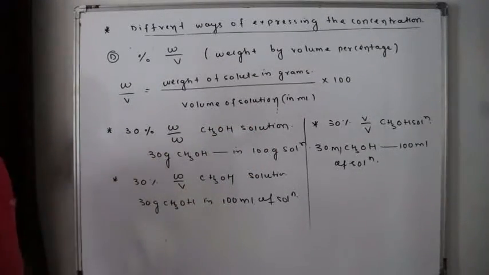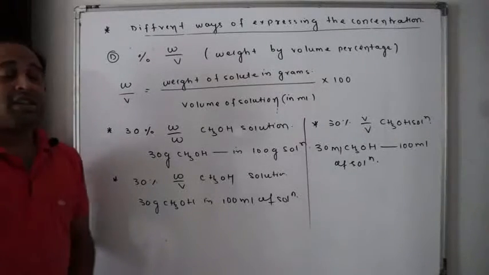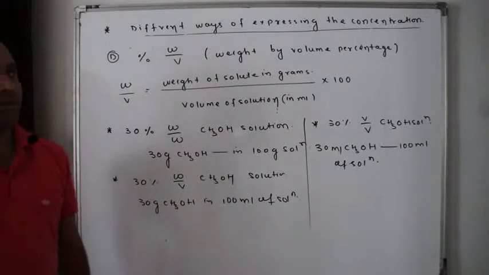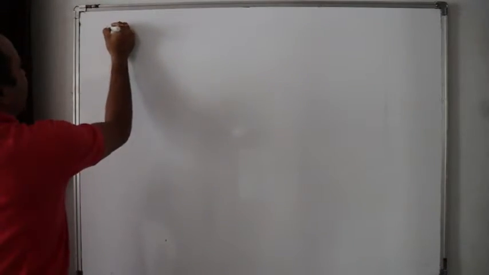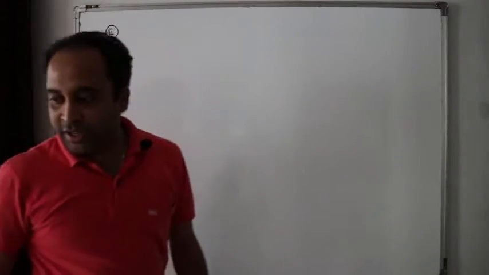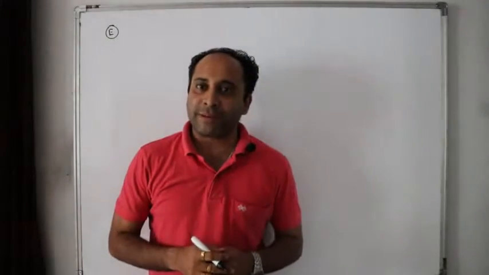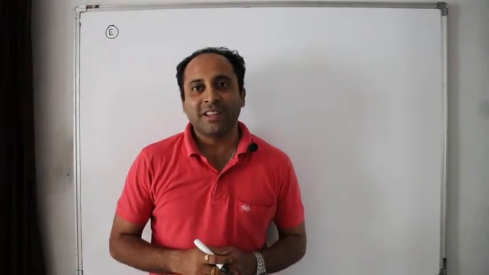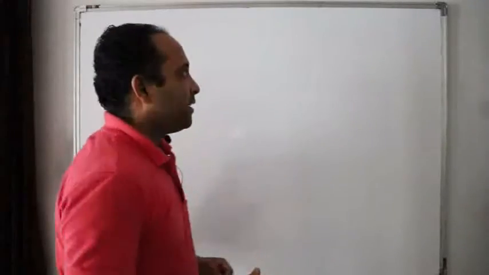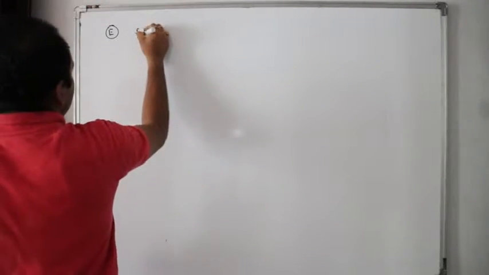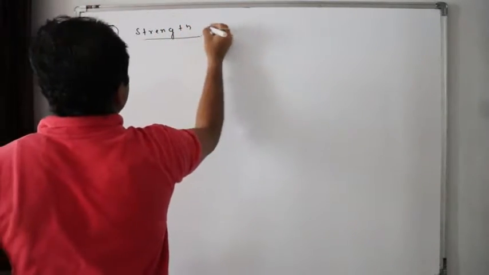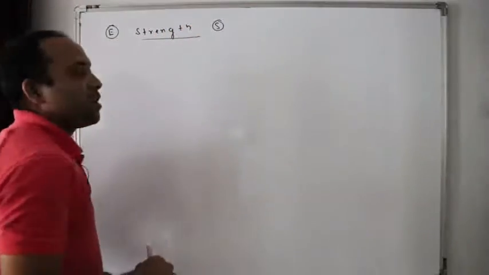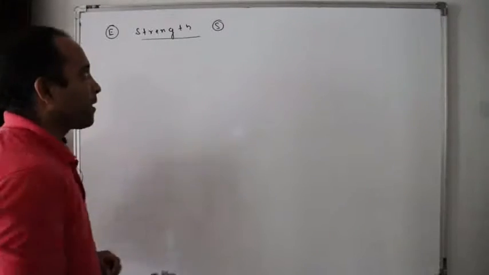So, the next method to calculate the concentration is strength of a solution. What is the next method for the expression of the concentration of the solution? The most important also. Strength, because we'll connect this to most of these expressions. What is strength?